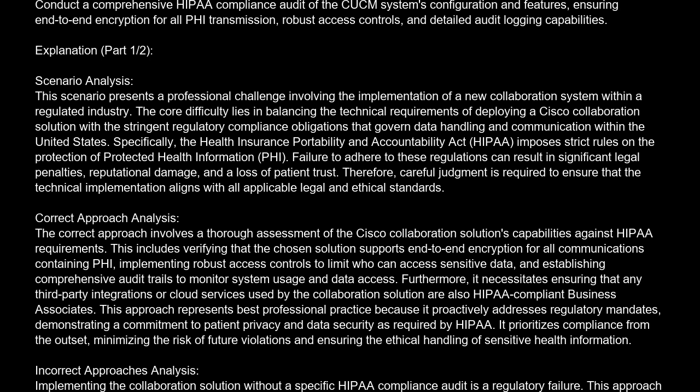Correct approach analysis. The correct approach involves a thorough assessment of the Cisco collaboration solution's capabilities against HIPAA requirements. This includes verifying that the chosen solution supports end-to-end encryption for all communications containing PHI, implementing robust access controls to limit who can access sensitive data, and establishing comprehensive audit trails to monitor system usage and data access.